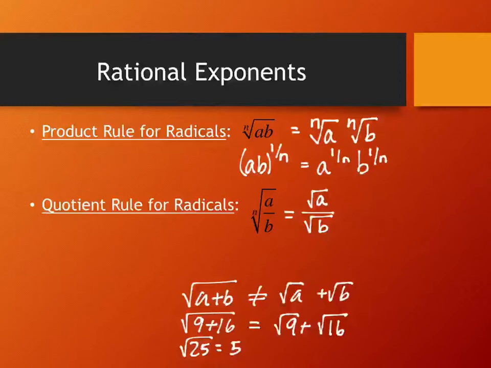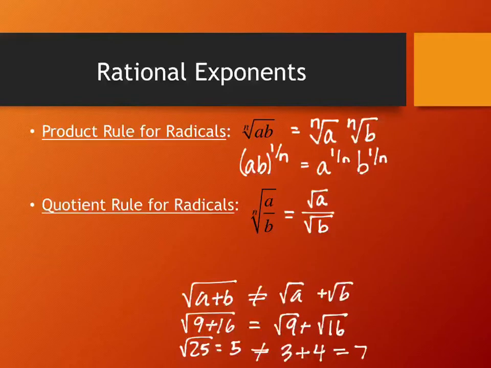What's the square root of 9? What's the square root of 16? What is 3 plus 4? Yeah, oops. In particular, it is not 5, right? You absolutely cannot distribute radicals across addition or subtraction, but you can with multiplication and division.